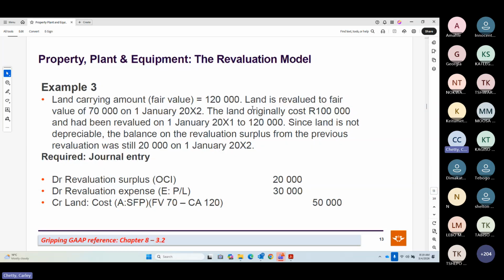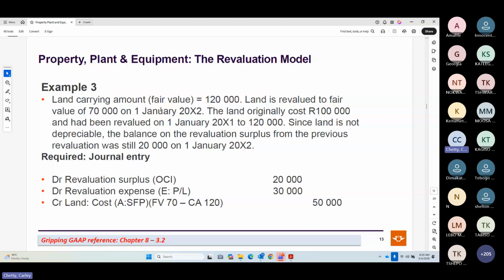So previously on 1 Jan 20x1, the land originally cost 100,000 and it was revalued to 120,000. So we would have created a revaluation surplus on that date. We would have credited the revaluation surplus.